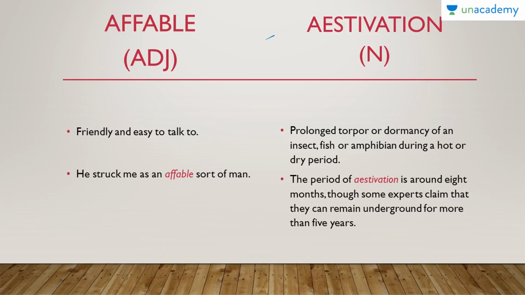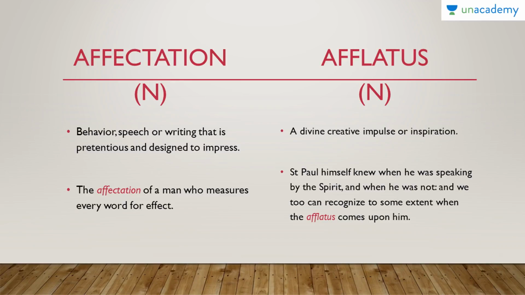Aestivation is a noun. Prolonged torpor or dormancy of an insect, fish or amphibian during a hot or dry period. So when we put it into a sentence, it will read, the period of aestivation is around 8 months, though some experts claim that they can remain underground for more than 5 years.